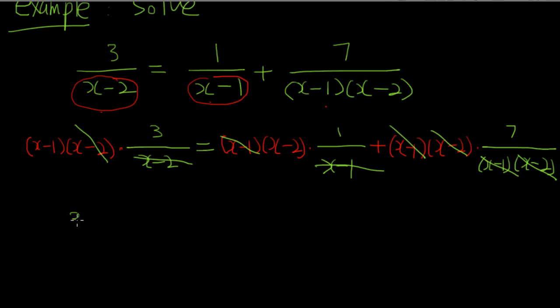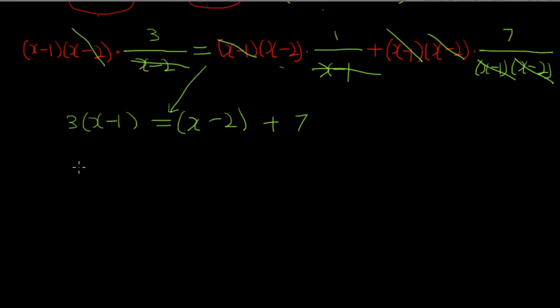So I'm going to pull the number in front: 3 times x minus 1 equal, from this we have x minus 2 times 1, which is really nothing, plus everything cancels out from here except the 7. Okay, so let's expand. This would be 3x minus 3 equal x minus 2 plus 7.